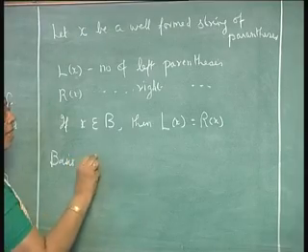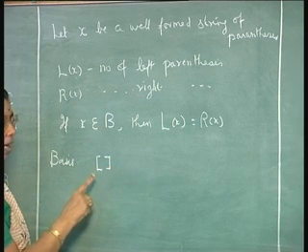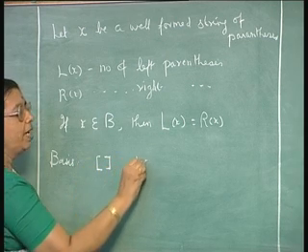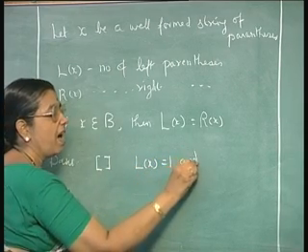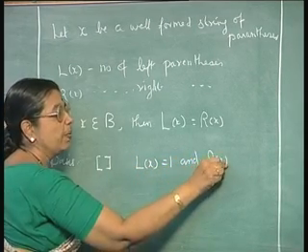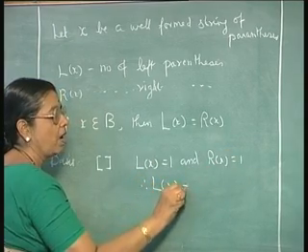In the basis class, this is the basic building block of the set, and for this you know that L(x) is equal to 1 and R(x) is equal to 1. Therefore L(x) is equal to R(x).